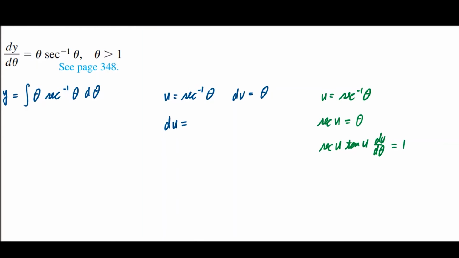You remember forgetting this? Chapter 3. Then du over d theta is 1 over secant u tangent u. This secant u is already theta here, okay? So we can divide, and what we have is cotangent u over theta. Very good. Now we have to figure out what cotangent u is.